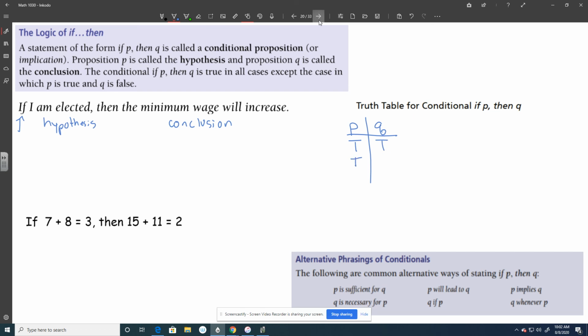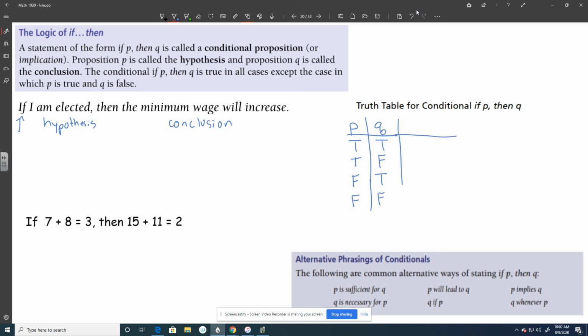Or I could be elected and the minimum wage, maybe it decreases, maybe it does not increase. Or I could not be elected and the minimum wage could go up. Or I could not be elected and the minimum wage could not increase. Whoops, that's not a T, that's an F. So they could both be false.